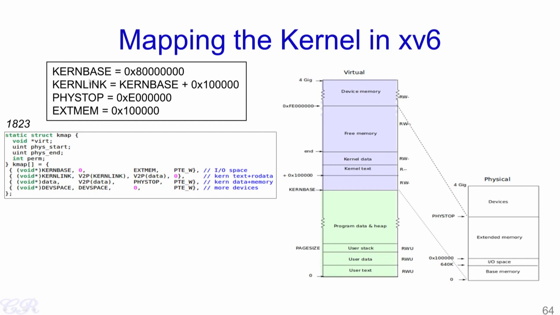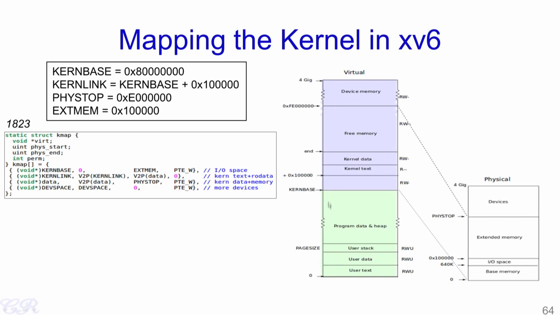We have already seen kern base, which is defined to be equal to 0x8 followed by 7 zeros, and there are other macros such as kern link, phys stop and extmem. Kern base determines the virtual address at which the kernel space starts. In this logical address space, kern base is defined at this particular location.